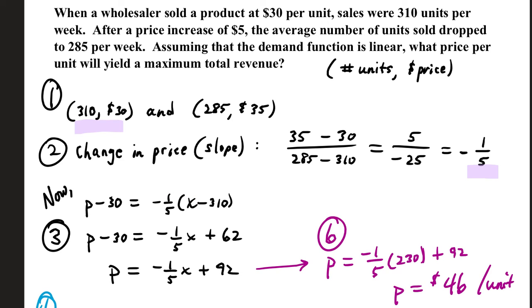Distributing negative 1/5 times x plus 1/5 times 310, that's 62. Add 30 to both sides and we have a price function or a demand function of negative 1/5 x plus 92.